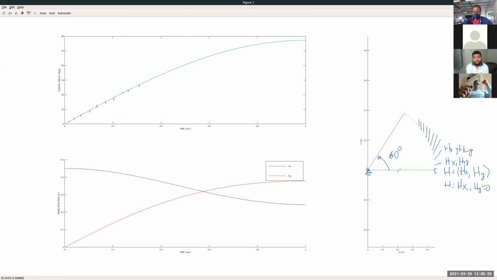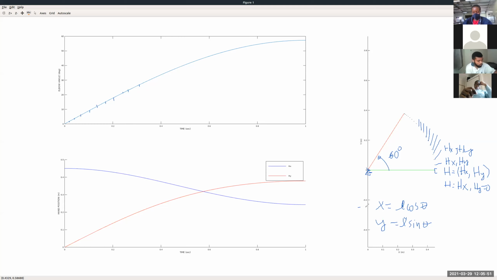Because every time here you have an L, you have X equal to L times cosine of theta, and then your Y is equal to L times sine of theta, where theta is that angle.